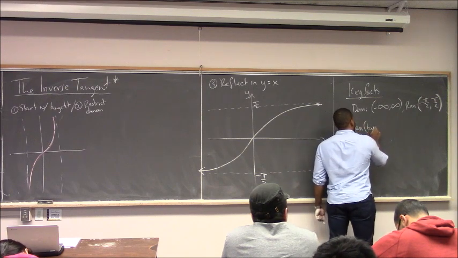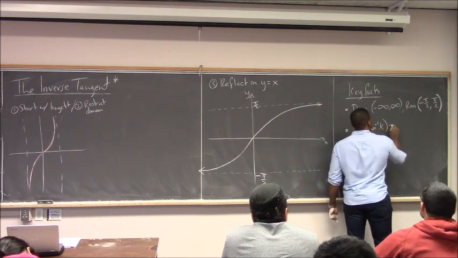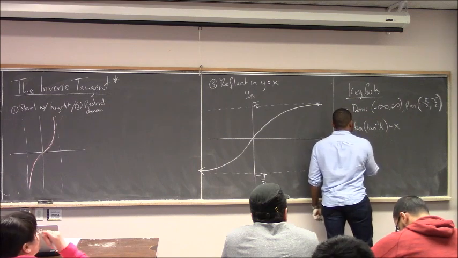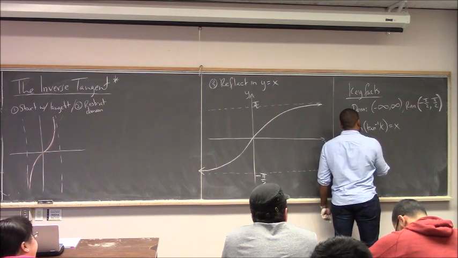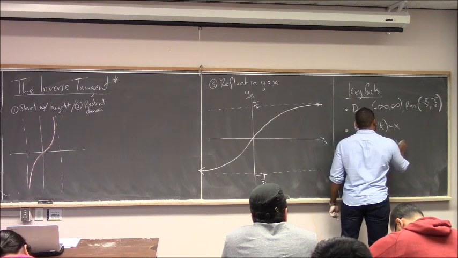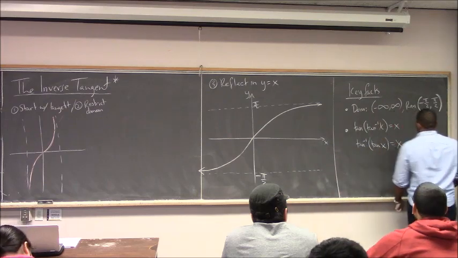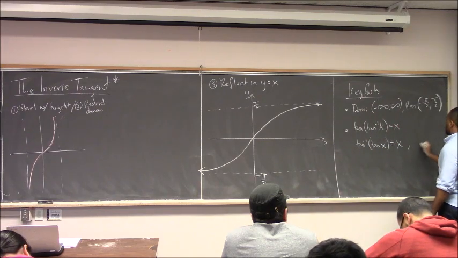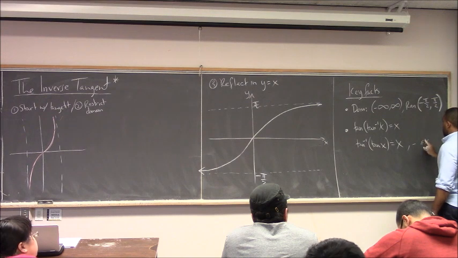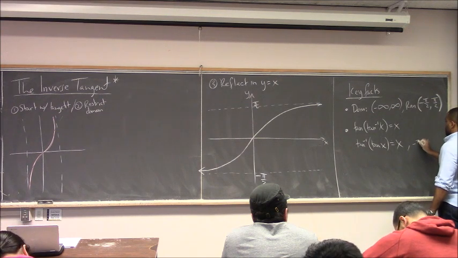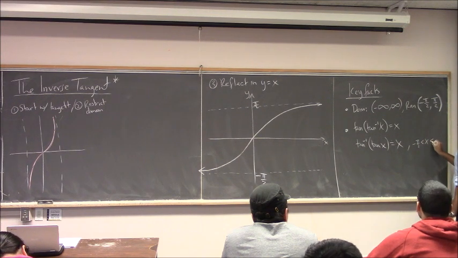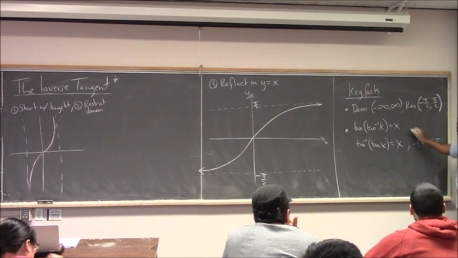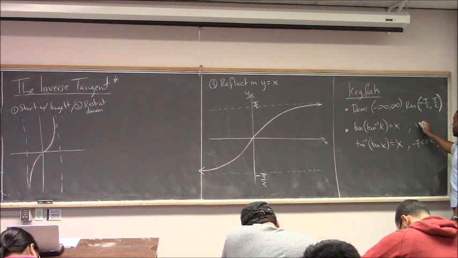Of course, tan of tan inverse x equals x, and tan inverse of tan x equals x. And this is for x strictly between minus pi over 2 and pi over 2. And this works for all real numbers x.